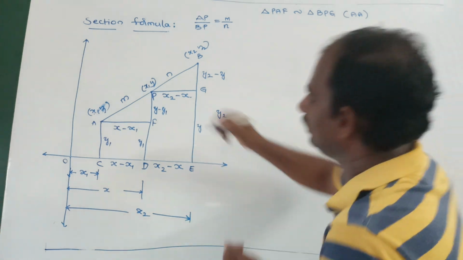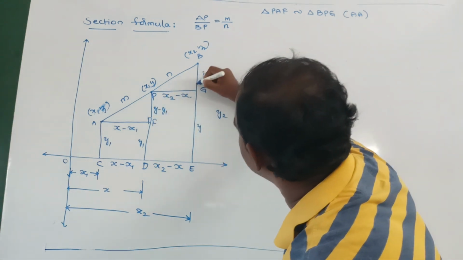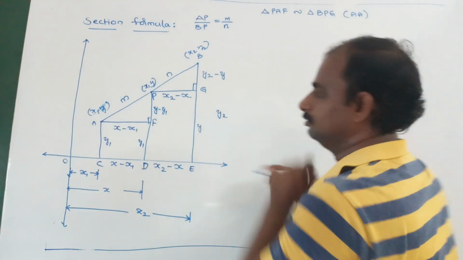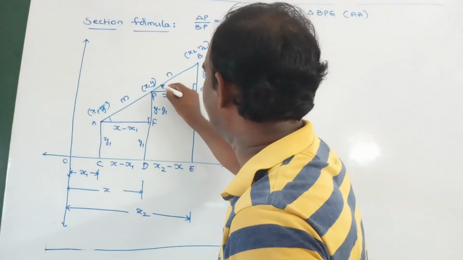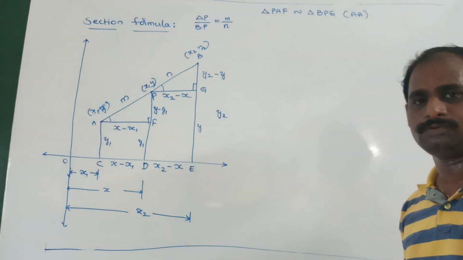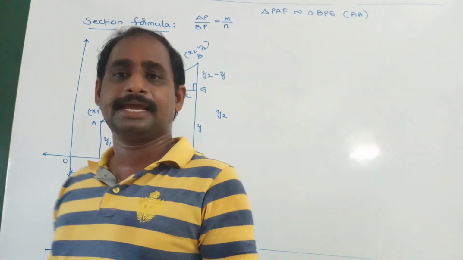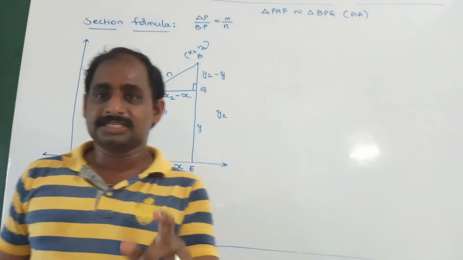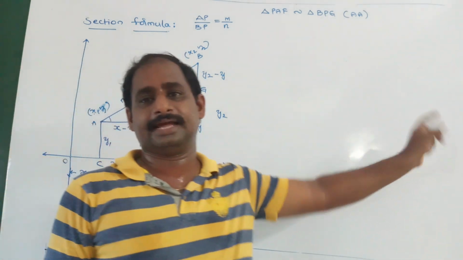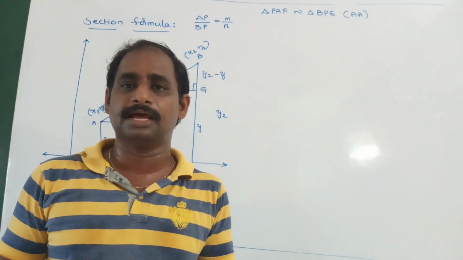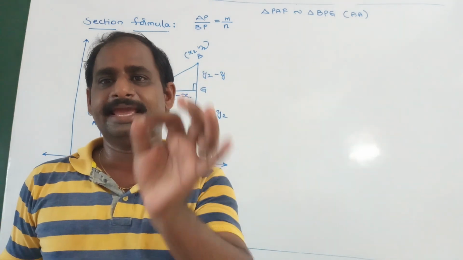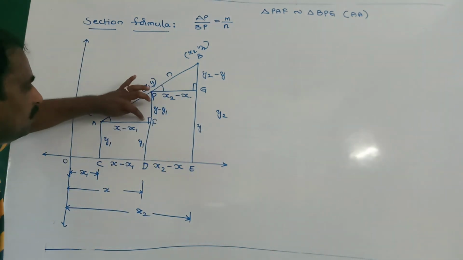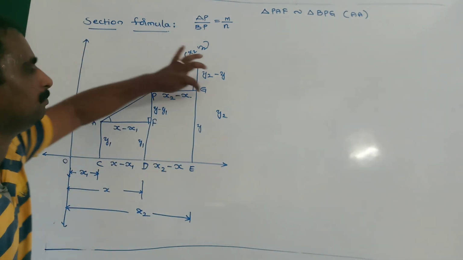Clearly if you observe, this is a right angle, this is also a right angle, that means angle F is equal to angle G, as well as angle A is equal to angle P. Two angles of one triangle are respectively equal to two corresponding angles of the other triangle, then they are similar by the AA similarity. So clearly triangle PAF is similar to triangle BPG.